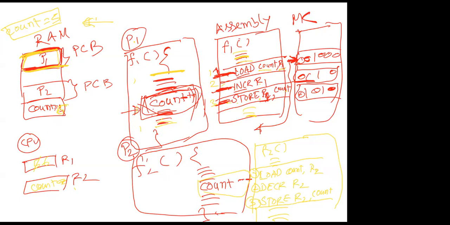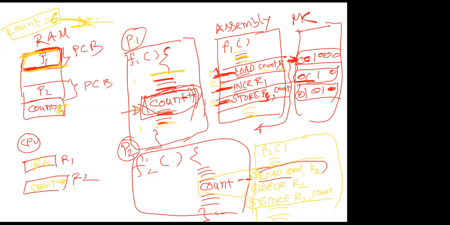Now let's check this. One person now comes out of the shopping mall. Now count is 6. One person goes out, so let's check the decrement operation.